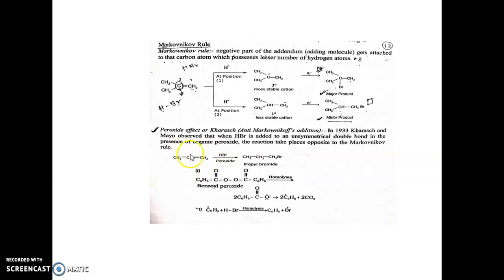So obviously it is an unsymmetrical system. Here also you can see the 2 methyl groups are on this carbon atom, but there are none on this carbon atom. So it is also an unsymmetrical alkene. So Markovnikov rule and peroxide rule or Kharasch effect or anti-Markovnikov addition will be applied to double bonds which are unsymmetrical, right? So let's talk about the next segment.